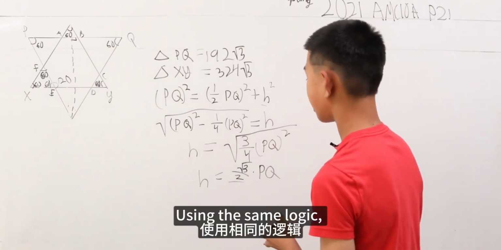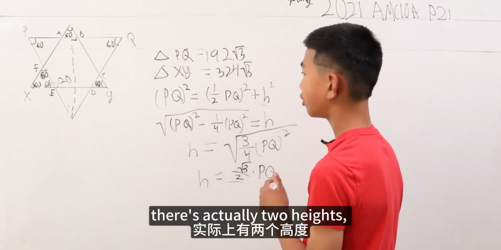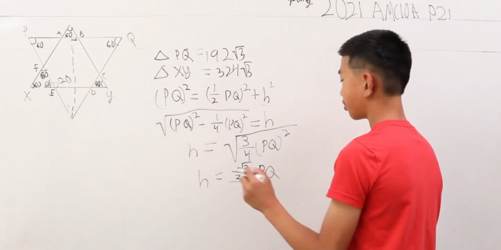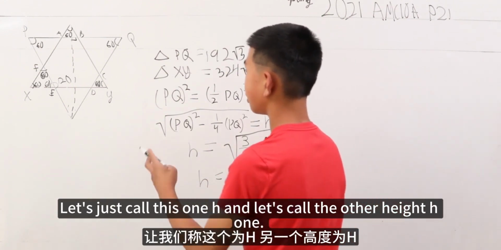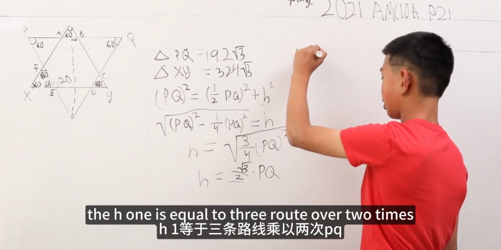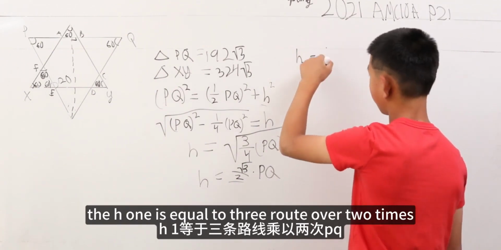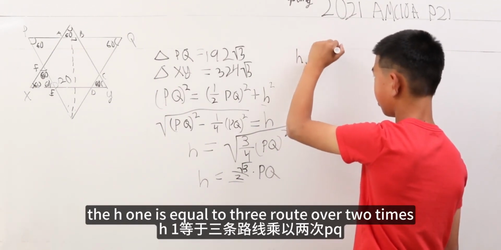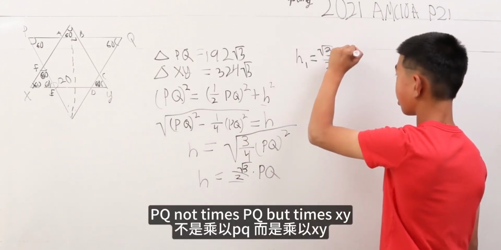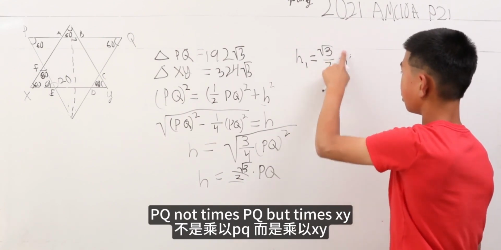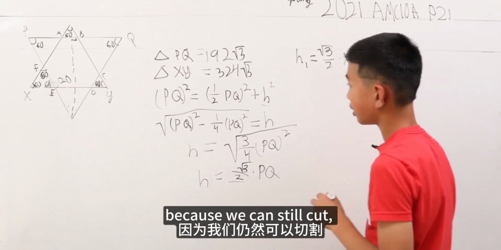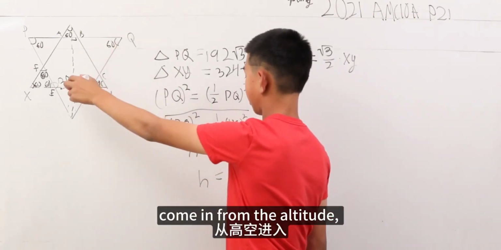So, using that same logic, there are two heights, one for the PQ triangle and one for the XY triangle. Let's call this one H, and let's call the other height H1. Now, we know that H1 is equal to root 3 over 2 times, not PQ, but XY, because we can still come in from the altitude and cut it in half.